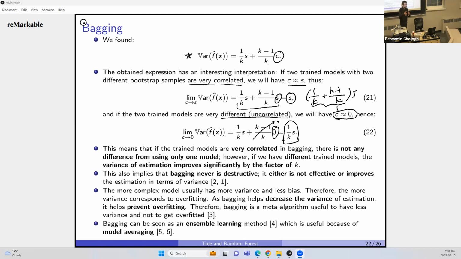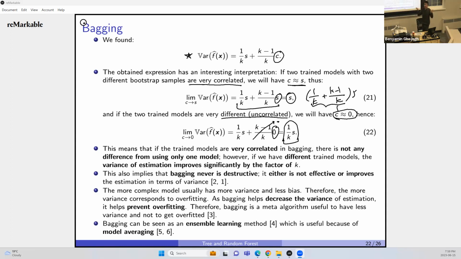It will be lower, and I want lower variance of estimation. Why? Do you remember? In overfitting, we have high variance. The more variance we have, the more overfitted. So I want to be less overfitted, so I want the variance of estimation to be low. Therefore, equation 22 is better than equation 21, and I want the models to be different from each other. I think it makes sense. If you already have all similar models, why do you need several models? Just use one of them. But if you have different models, then it's good.